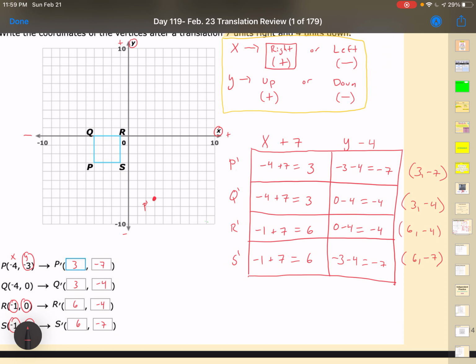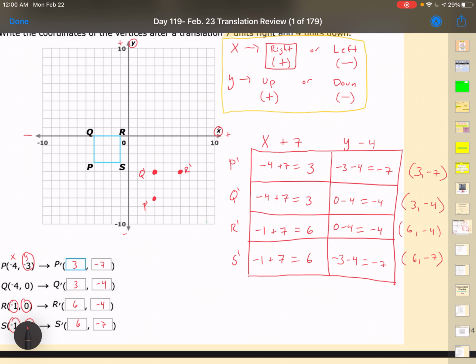There's P prime. Now we need to do Q prime, which is at 3. So I go to the 3 on the x and down to the negative 4 on the y, and I get Q prime right here. The next one is R prime, which is at 6, so I go to 6 on the x, down to negative 4 on the y.